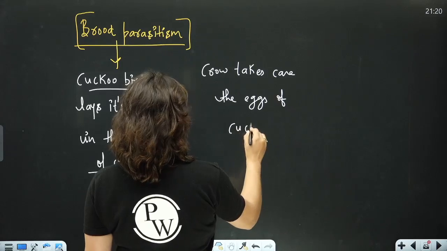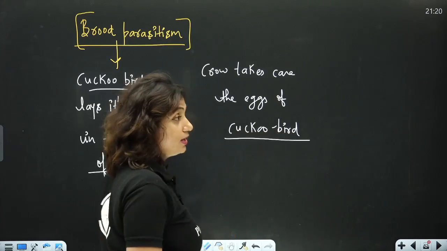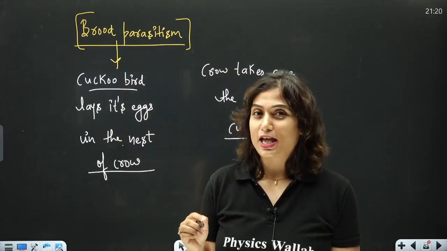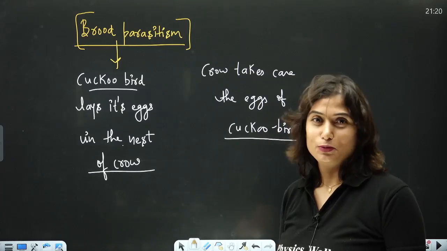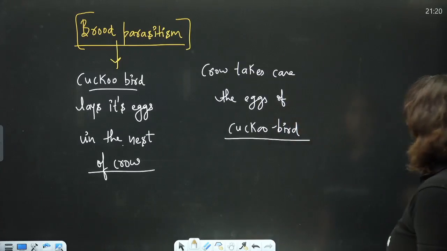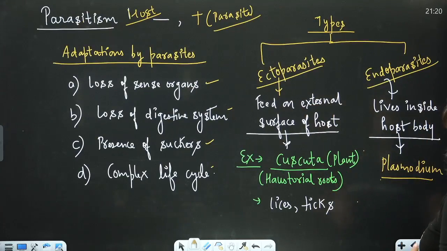So here the cuckoo bird is a parasite on the crow for taking care of its eggs. This kind of parasitism is called brood parasitism. So remember the important adaptations, ecto and endoparasites, and the brood parasites.